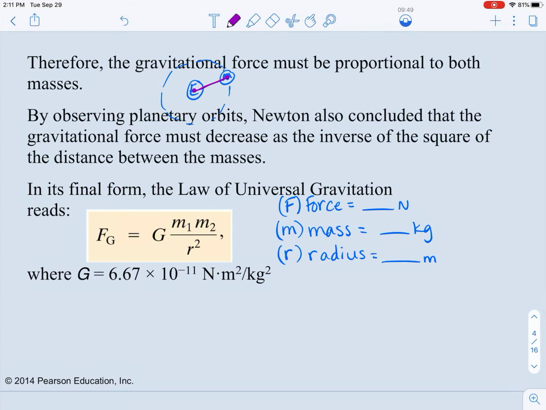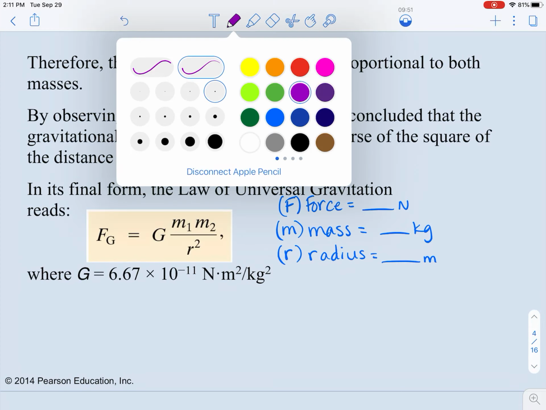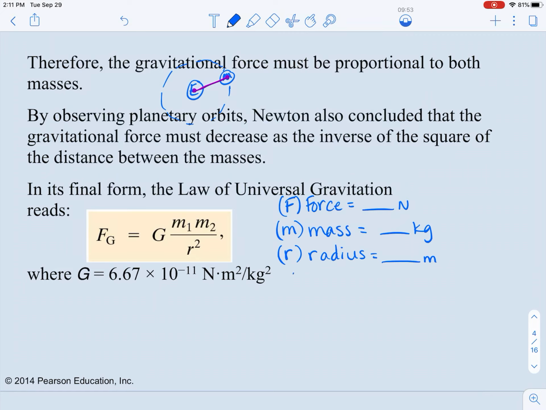And then the last variable that we have not identified yet is this capital letter G. So this capital G stands for the universal gravitational constant. And this is just that. It is a constant. It is a set value that you will use in every calculation.